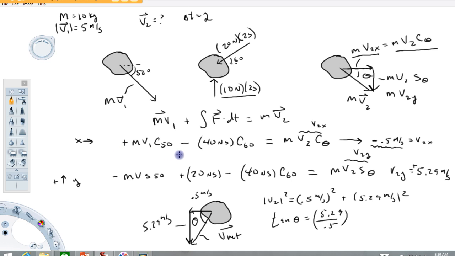You write your momentum equations by equating the x component of the initial momentum plus the x component of the impulses, and when I say plus, I mean the vector sum. For example, this one's x component points left, so it'd actually be minus, to the final momentum x component. Then you do the same thing for the y components.